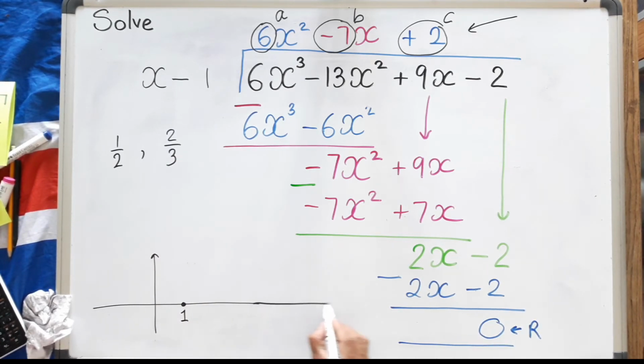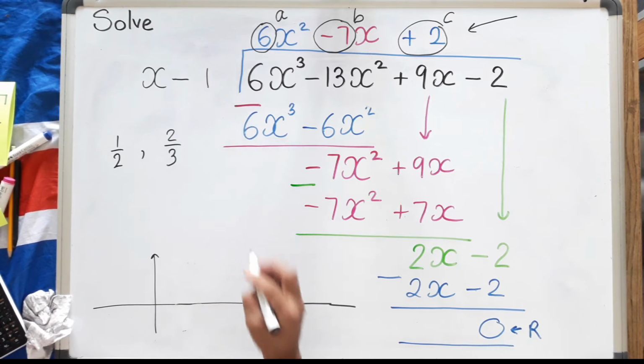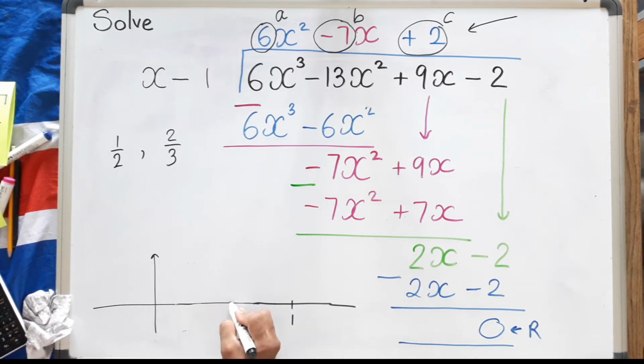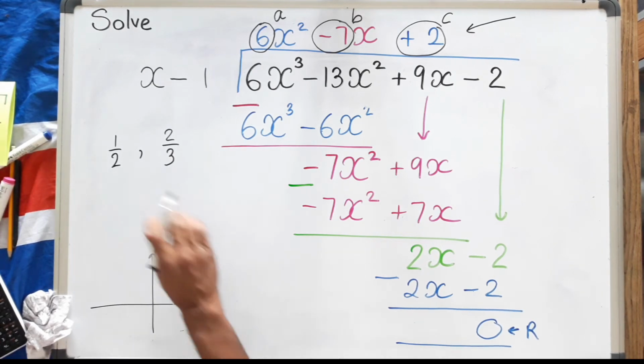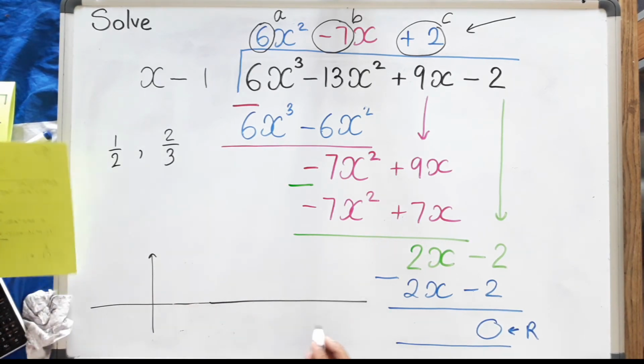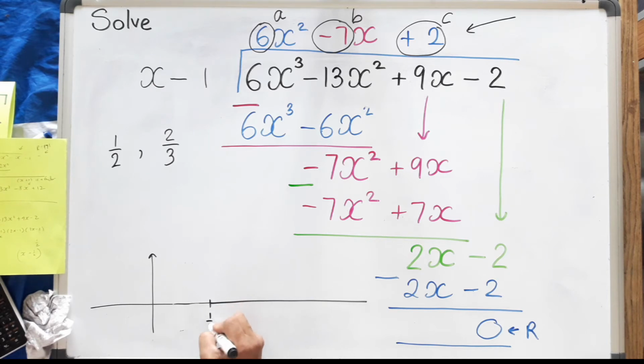Which means that if I were to draw this on graph paper, there's a good chance it will cut the x-axis at 1. It will also cut the x-axis at 1/2. And 2/3, well, I drew this kind of bad here. Let me try this back here. Draw it a little bigger. Let 1/2 be here.